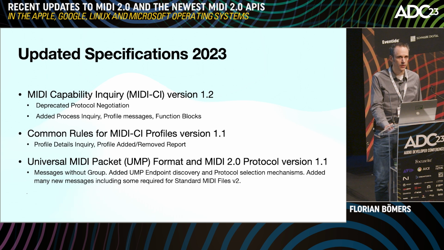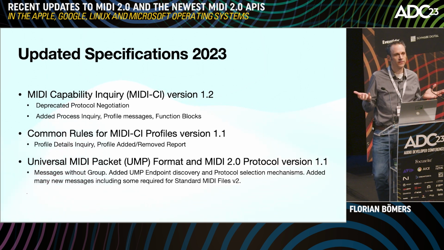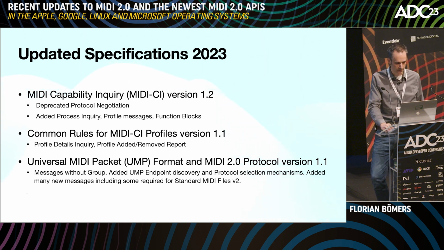And also a lot of new messages, including a whole set of meta events that you would previously find in MIDI files. The standard MIDI file defined meta events like tempo, song text, and stuff like that. And we've also added all that to UMP, so that MIDI 2 files will just be a series of UMP and no specific meta events.